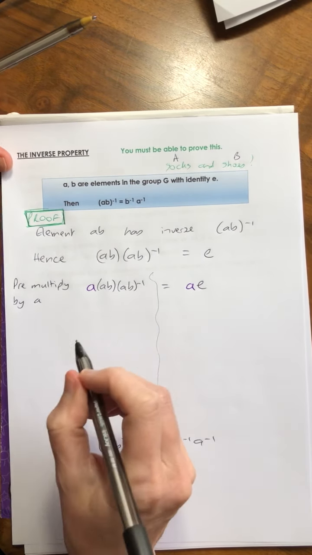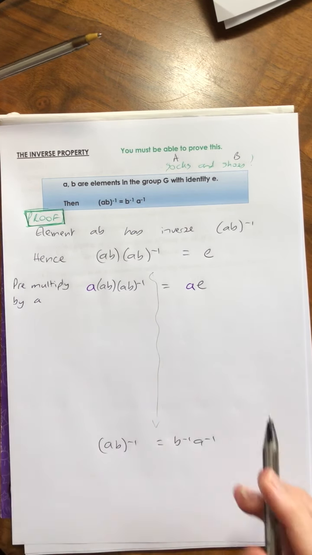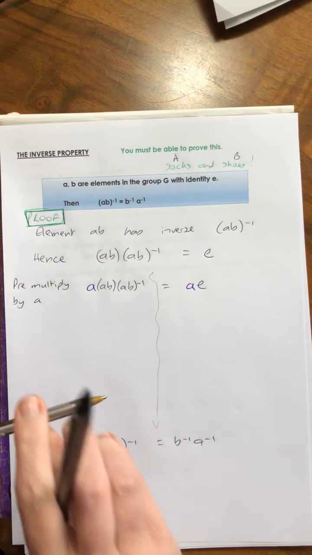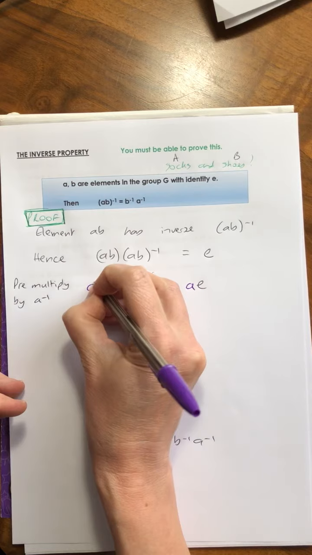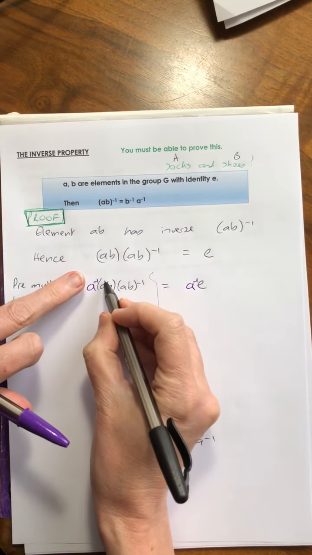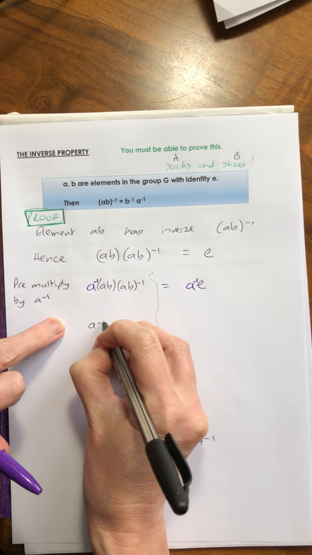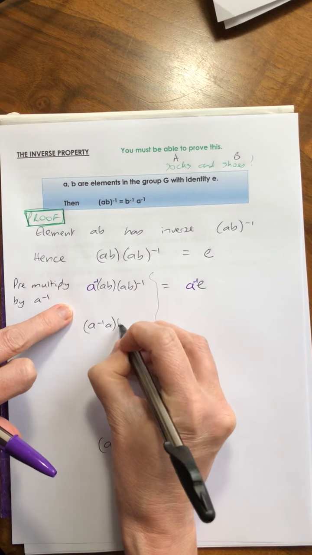Now what I am going to do, sorry, I'm not going to pre-multiply by A. That doesn't get me what I need. I'm going to pre-multiply by A inverse. Okay. Now I'm going to use the associative property, so I am going to change the order of these brackets here.